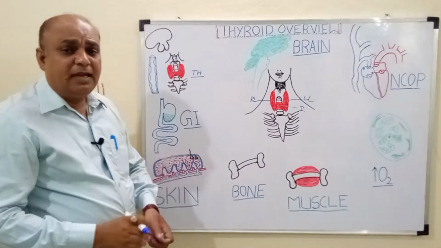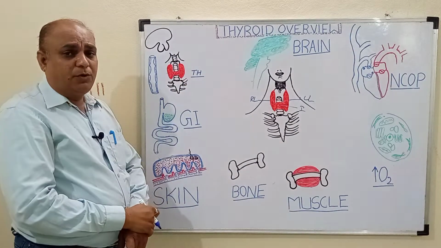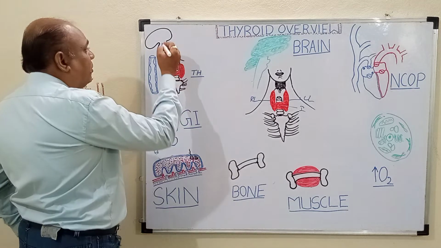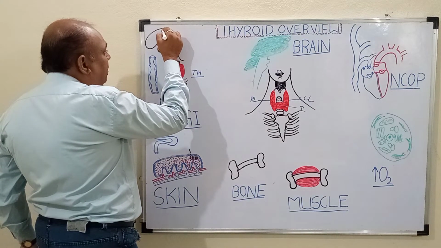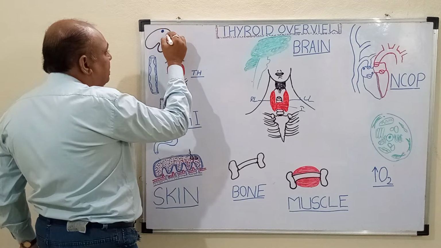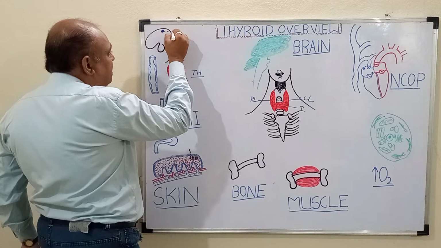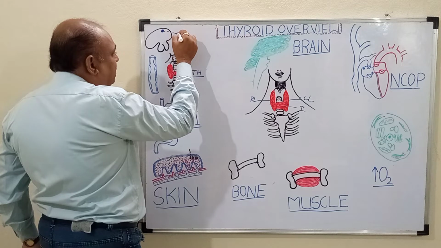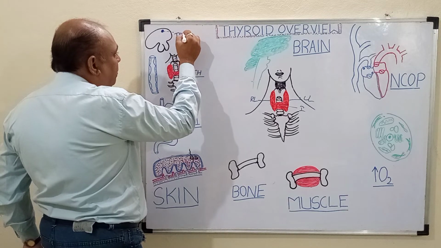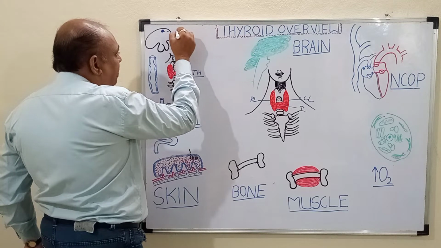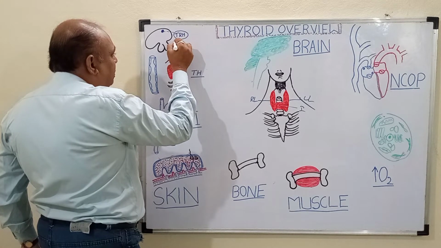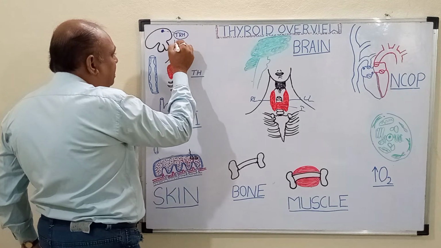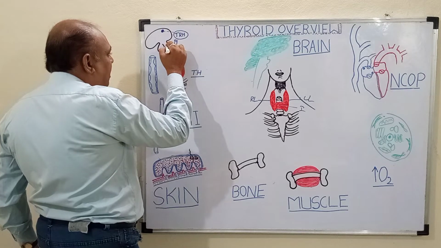Now we have a glimpse of thyroid hormone formation. In the paraventricular nuclei of the hypothalamus, special sensors secrete thyrotropin releasing hormone. This hormone, through vascular connection, reaches the anterior pituitary.